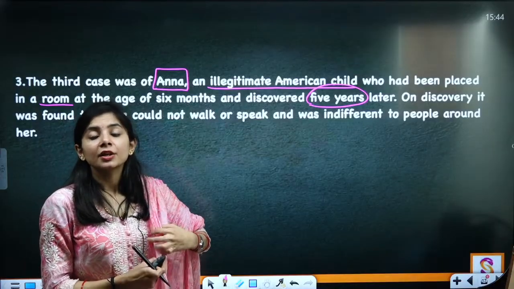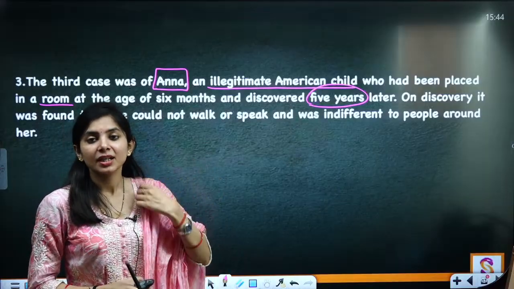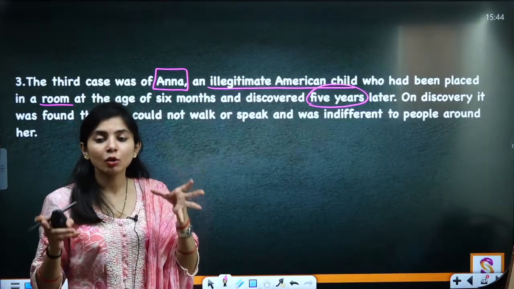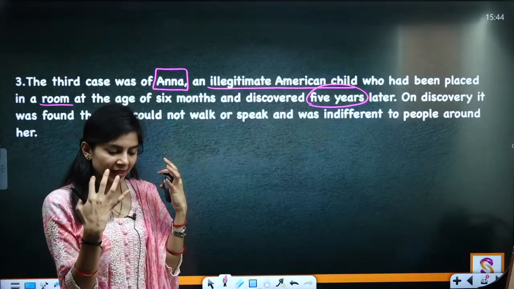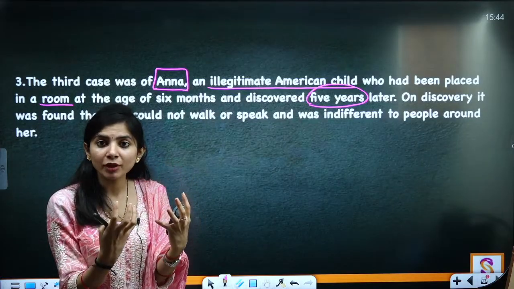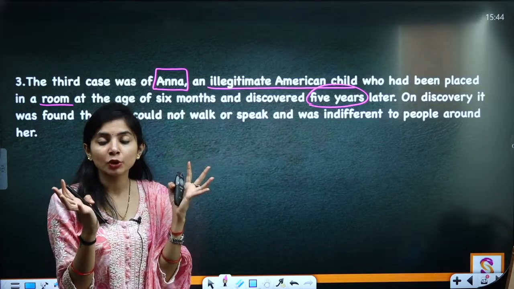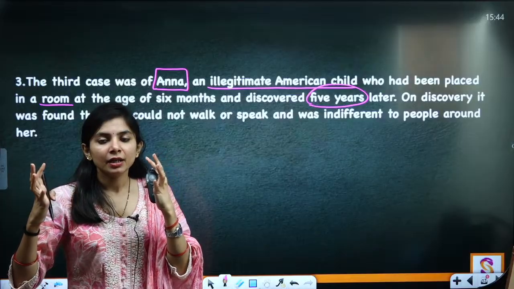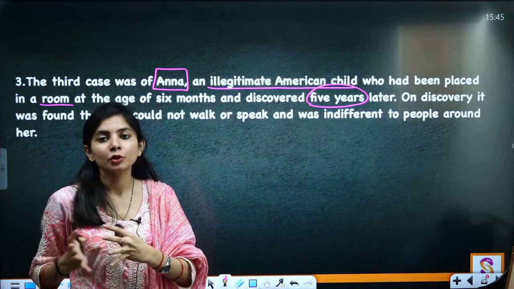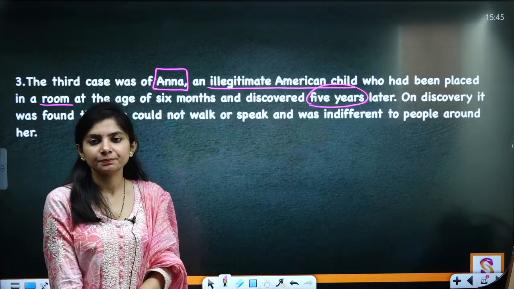It means human beings require protection. They require some sort of sympathetic behavior, some sort of emotional and moral support, and that's why we require society.